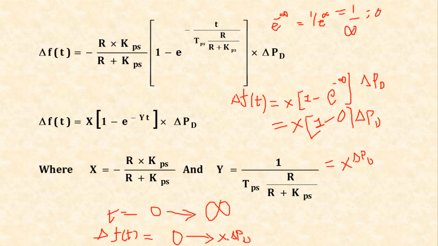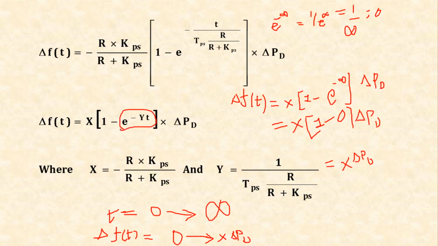So we can say that as time increases, the value of delta f of t also increases. Clear? As time increases from 0 to infinite, the value of delta f of t also increases from 0 to x into delta Pd, and that increment will follow the exponential graph.